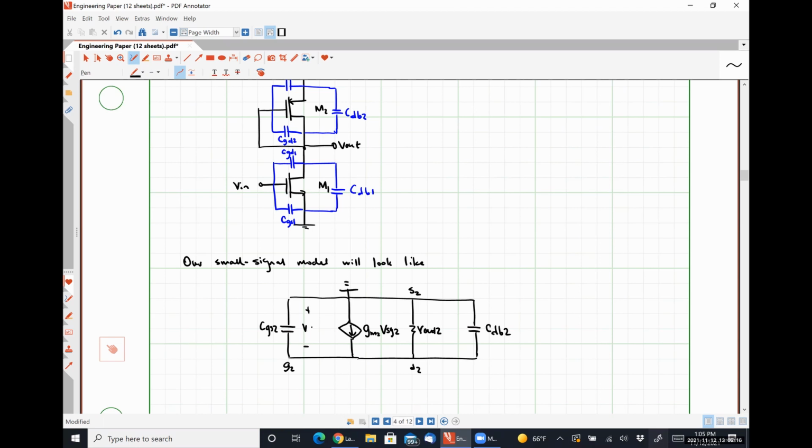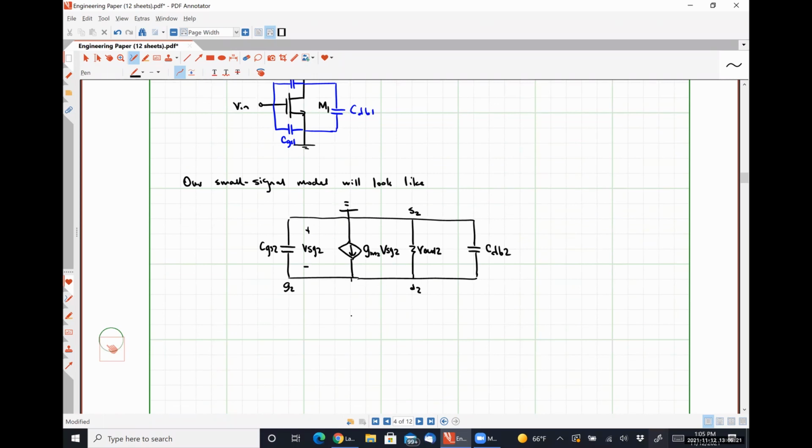This is VSG2. Now we'll come down here and take care of transistor M1.